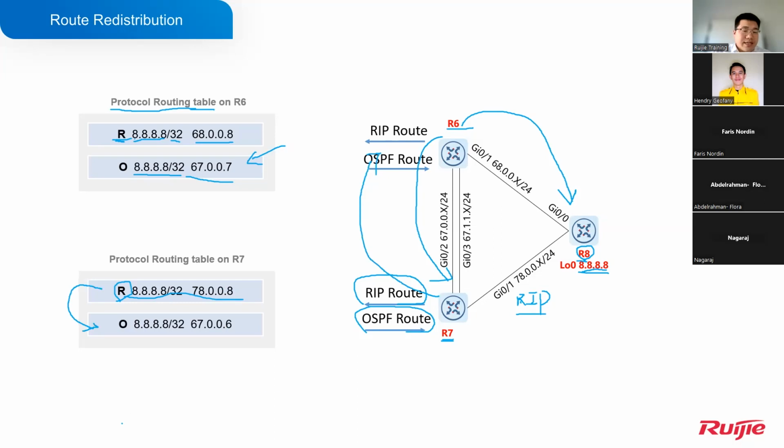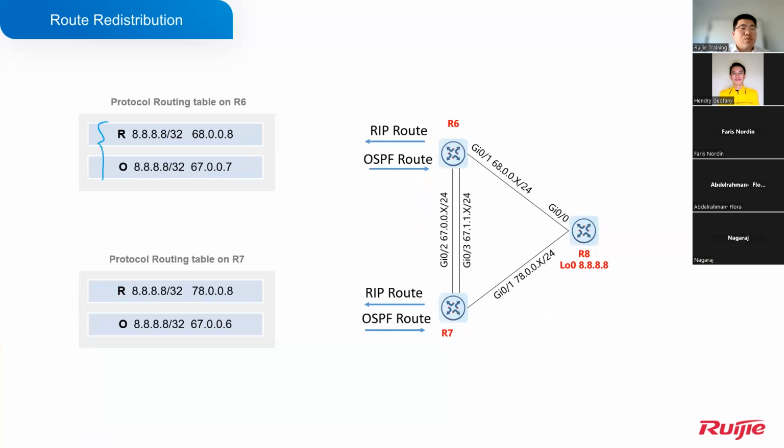So at this time, on R6, we have two routes to the same destination. Here I want to ask, which of them will be added to the global routing table? Think about this. The RIP route or the OSPF route?